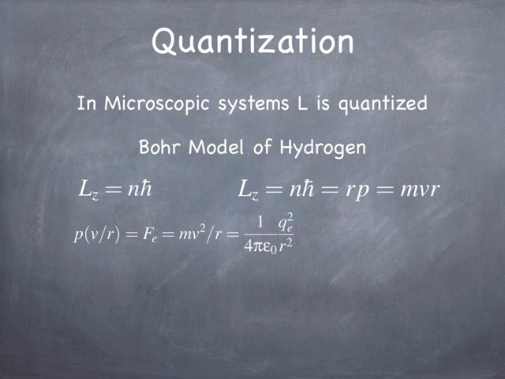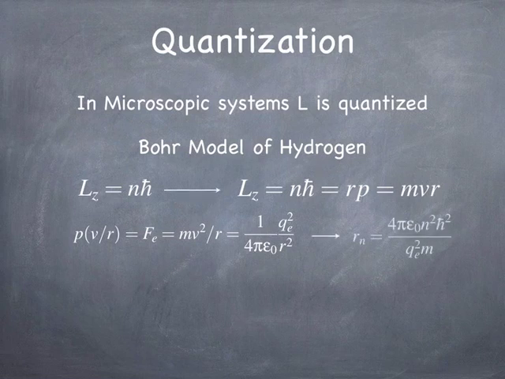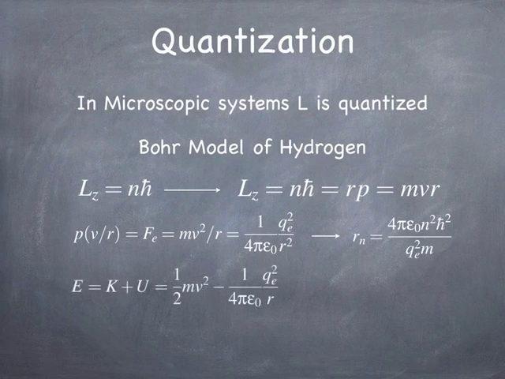And as we did in class for our group problem-solving exercise, you can show that this implies that the orbital radii are quantized, and that the orbital radius turns out to be proportional to this n, the same n that quantizes the angular momentum. It gets squared in computing the radius of the nth orbit, and the energies are correspondingly quantized, and if you plug all that in, you'll see that the energies turn out to go like 1 over n squared.